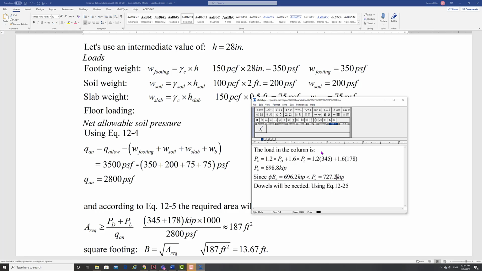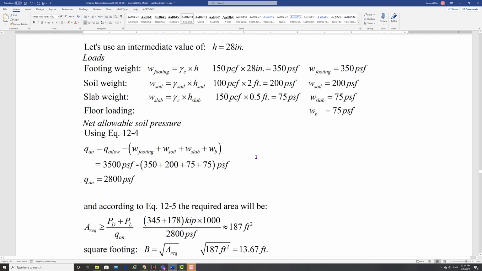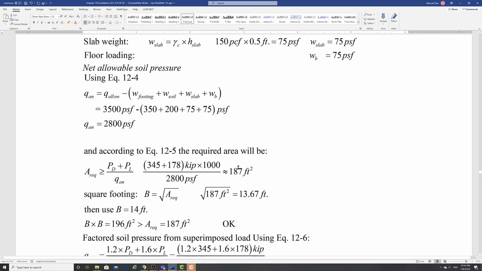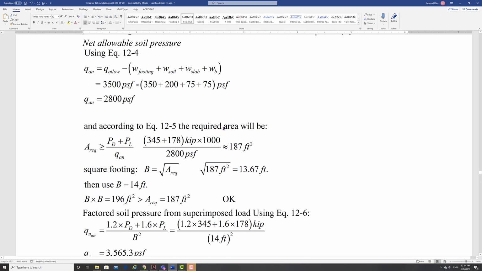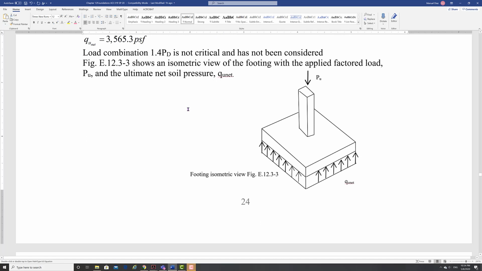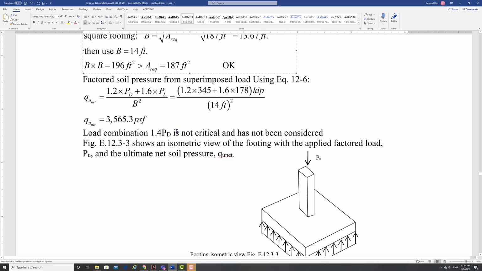Still below 698.8. And so dowels will be needed. So we still need the dowels, right? And even if you don't need it, I mean, you have to look for minimums, right? And so we are going to find that.